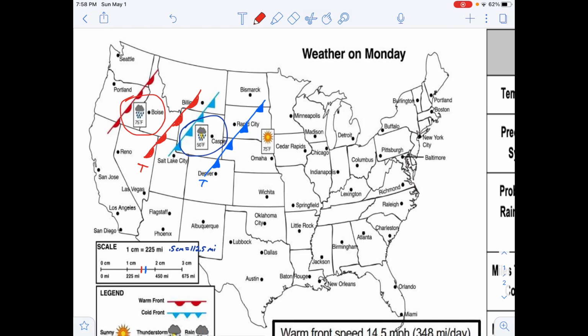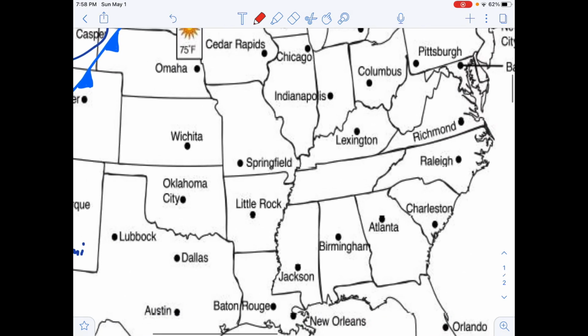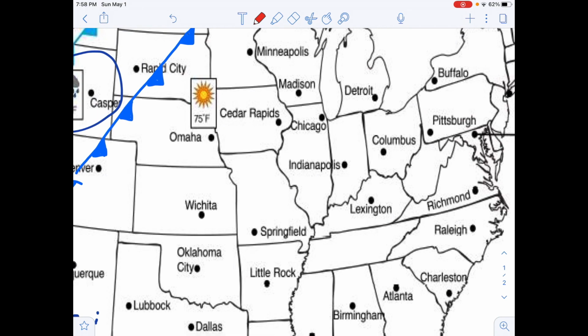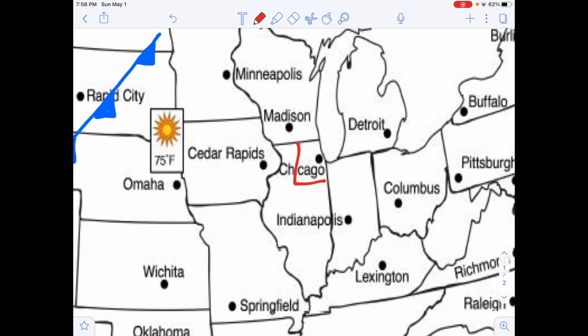One of the things that this lab didn't really talk about was pressure systems. So let's say over here in Chicago, we have a low pressure system, and that's going to be a red L on our map. And so what happens here is basically we get warm, moist air rising.